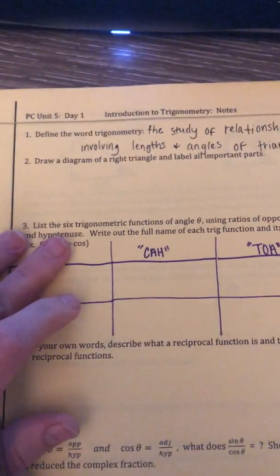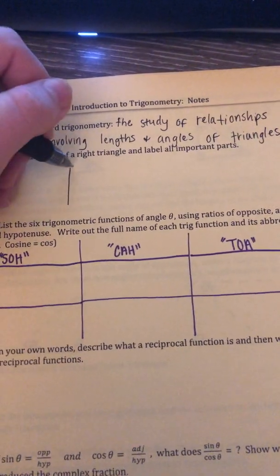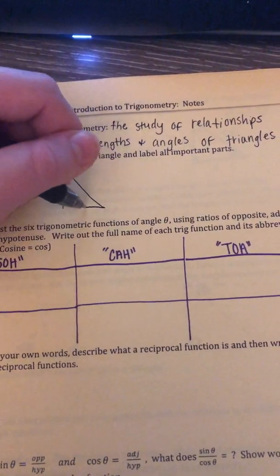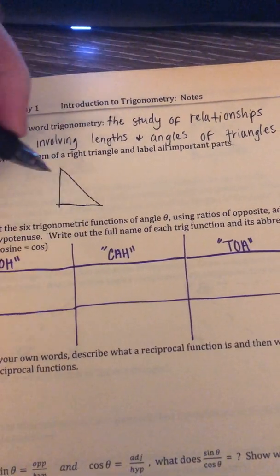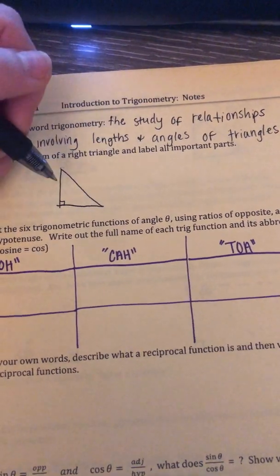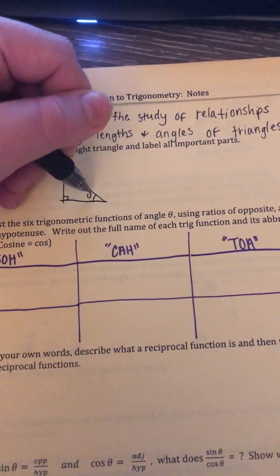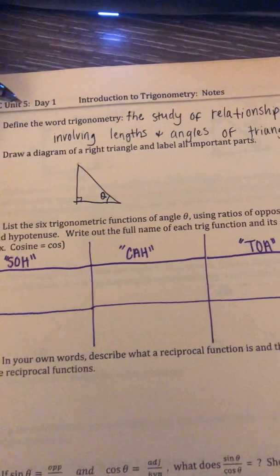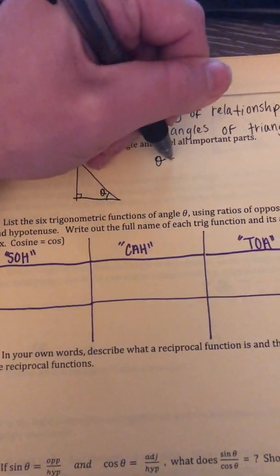All right, so on number 2, we're going to draw a diagram of a right triangle and label everything, all the important parts. So obviously this is where we would have a 90-degree angle. I'm going to put just a little angle here. We may know the angle measure, we may not.